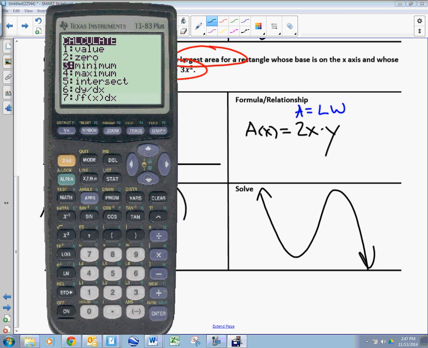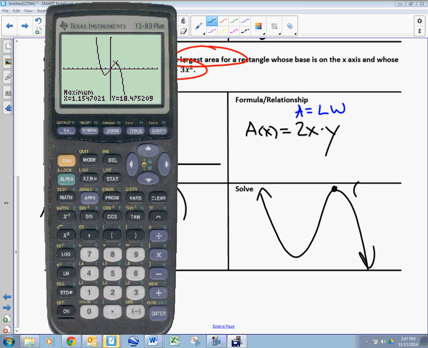Second, calculate. Maximum. I go to that maximum spot. I move to the left. Enter. I move to the right. Enter. Enter. And I find this coordinate: 1.15 and 18.48.